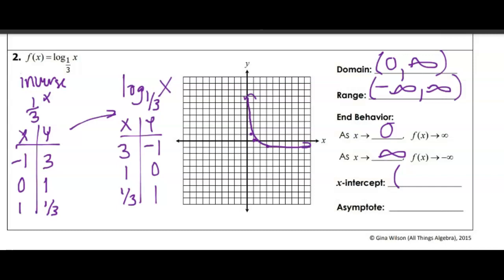So as you go to the right, it's decreasing. The x-intercept again is going to be 1, 0, which is the inverse of the exponential. And then the asymptote again is going to be x equals 0. Some of these characteristics you need to be able to point out, and you can certainly see this on the graph if you use the Desmos calculator.